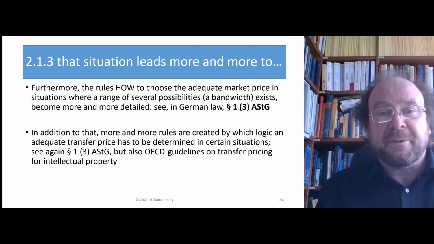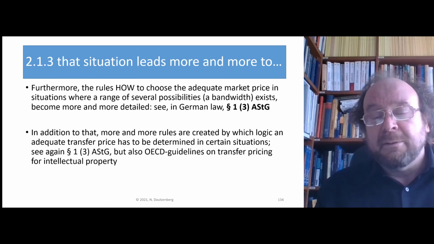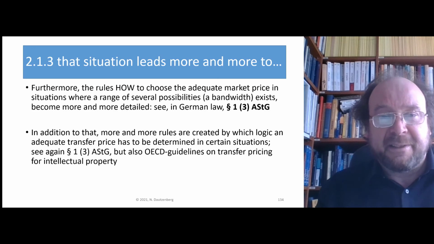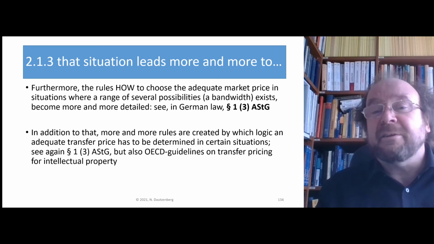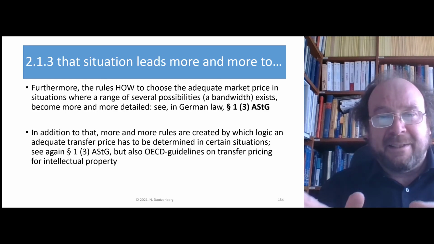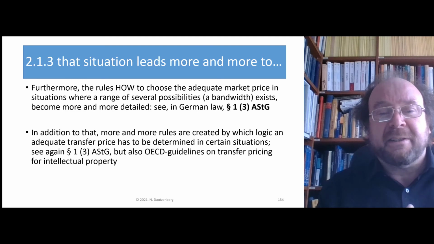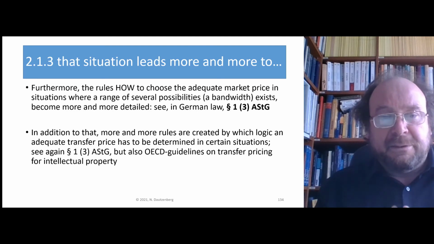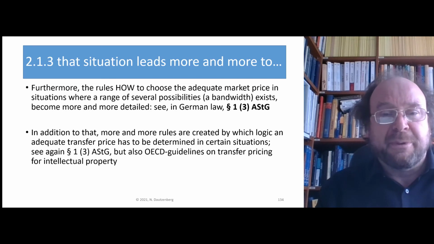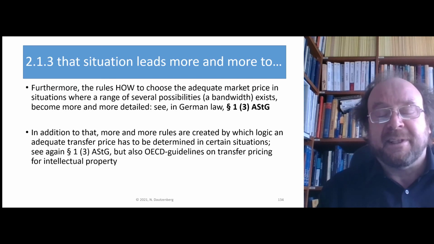So if you overlooked some competitors, or if you have some more competitors taken into consideration than others, you get a completely different range of comparable prices, probably. So also that is again something arbitrary, but at least you get more and more precise rules how to choose within the bandwidth of alternative results.